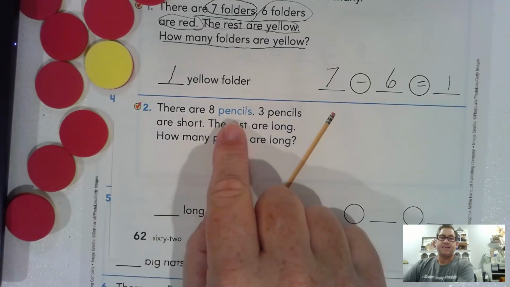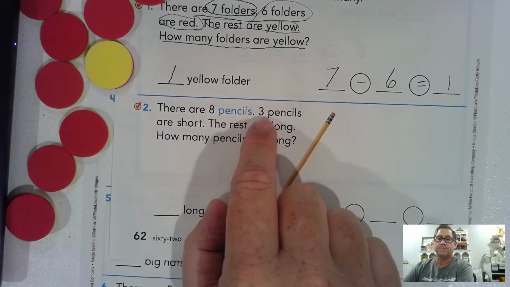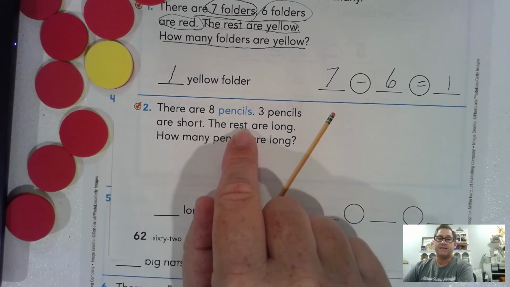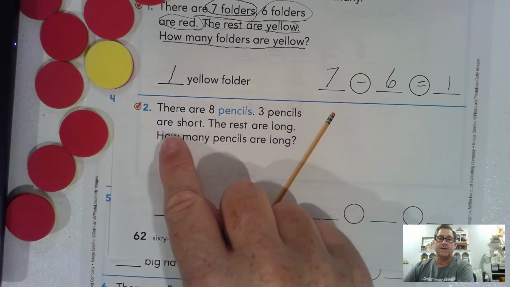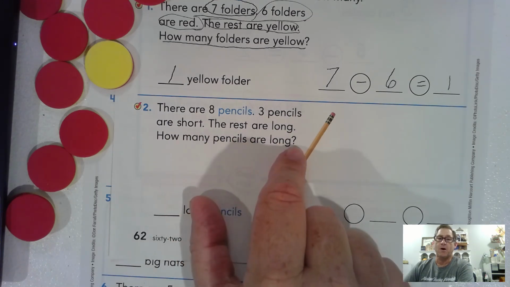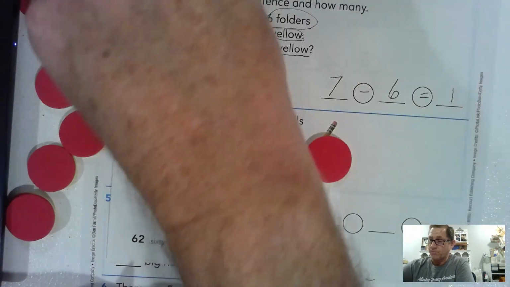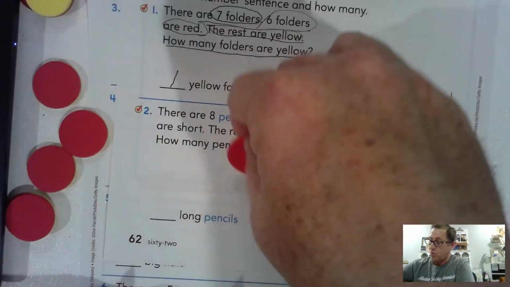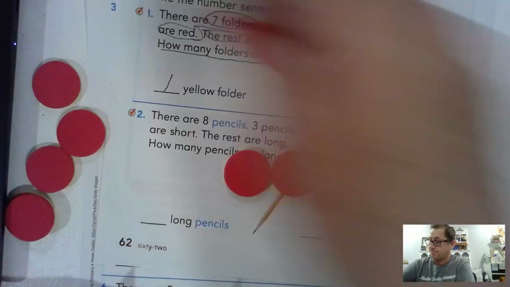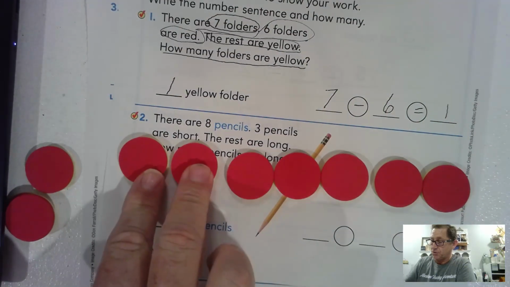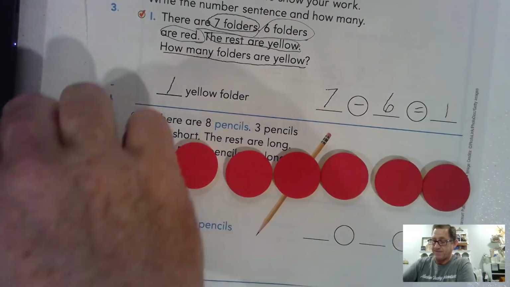There are 8 pencils. 3 pencils are short. The rest are long. How many pencils are long? So let's show the whole group. There's 8 total, so that's our whole amount. 2, 4, 6, 7. I need 1 more.